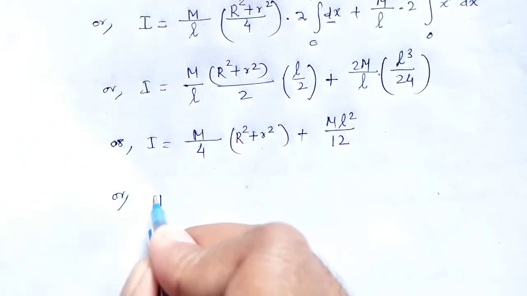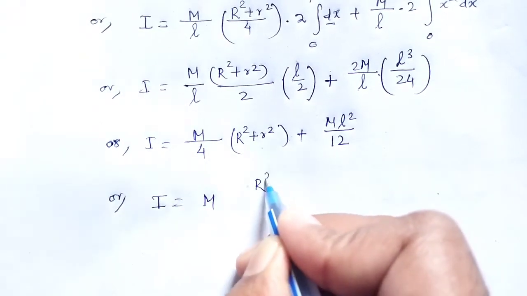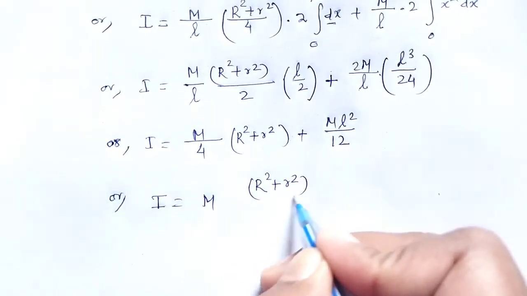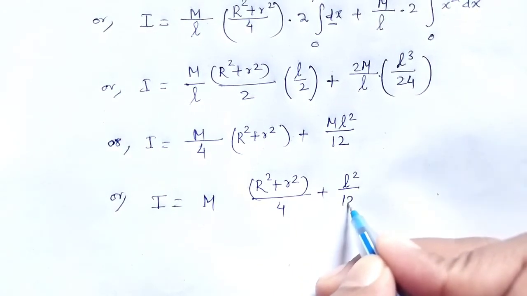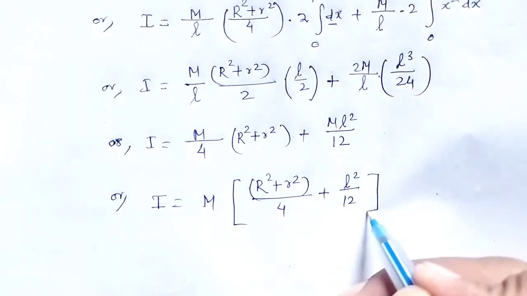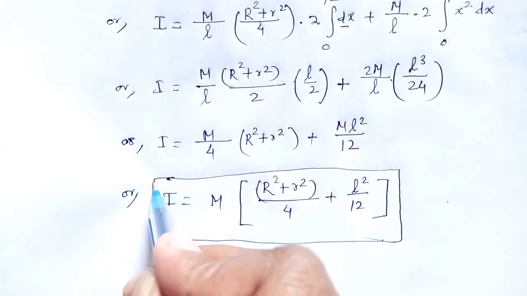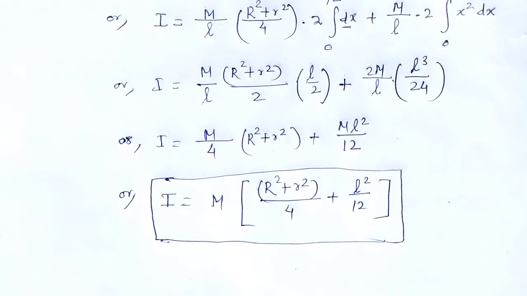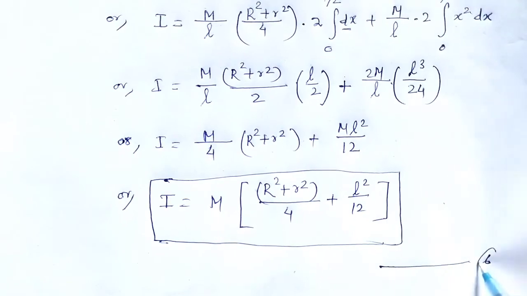Simplify this, I is equal to, taking m as common, r square plus r square divided by 4 plus L square divided by 12. This is the required expression, that is the moment of inertia of the whole hollow cylinder about the axis y dash.